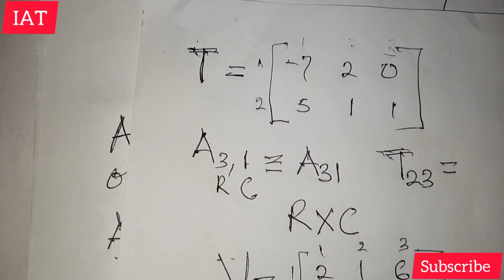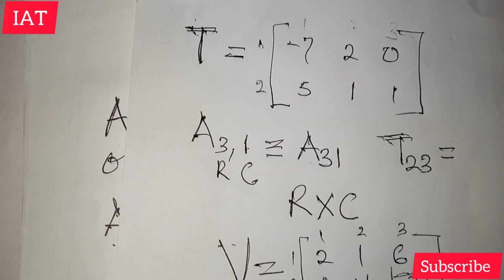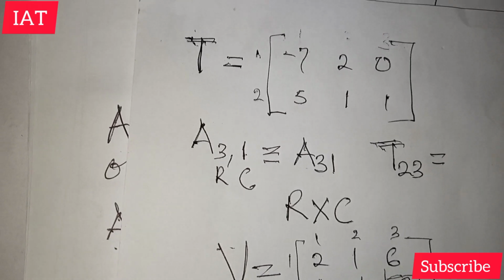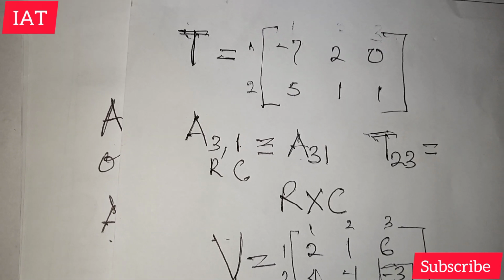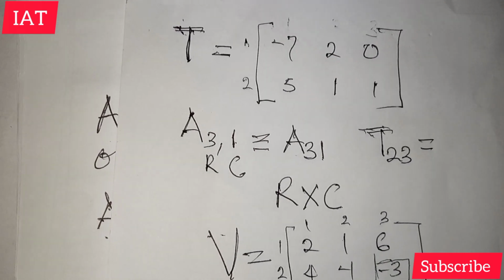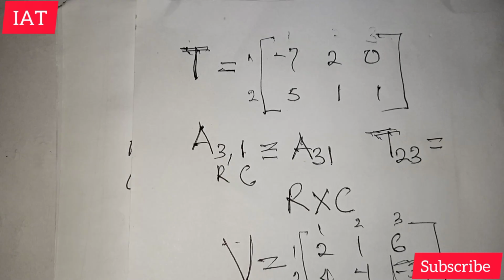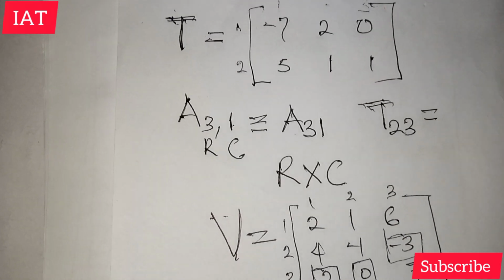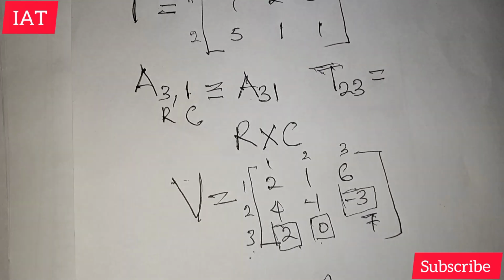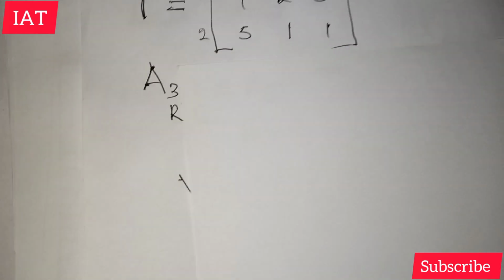All right, having understood this basic concept of matrix, let's see into another important phase of matrix, and that is talking about the addition, subtraction, and the multiplication of matrices. How do we add two matrices together?